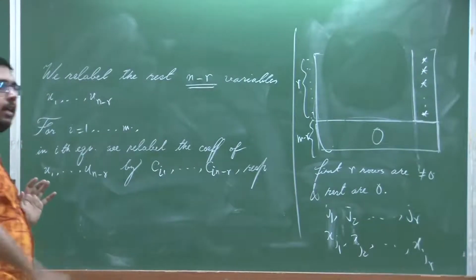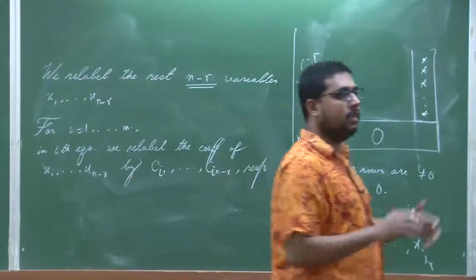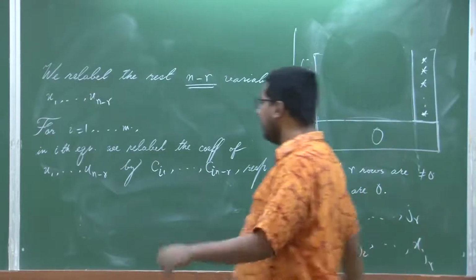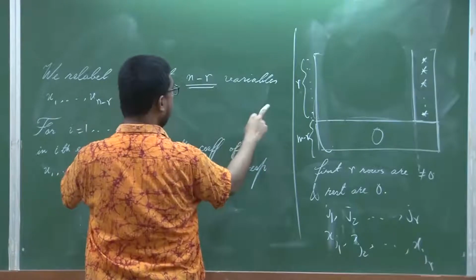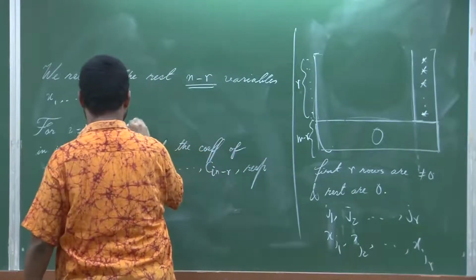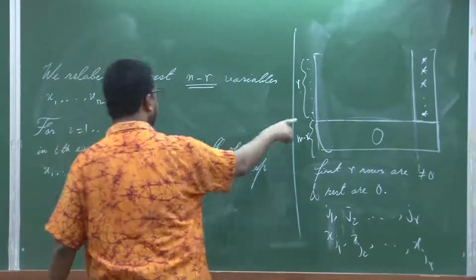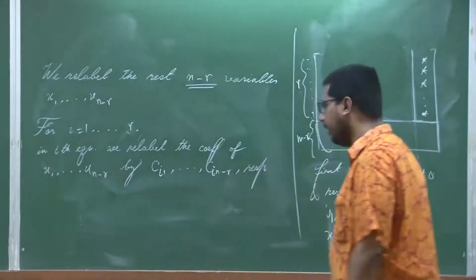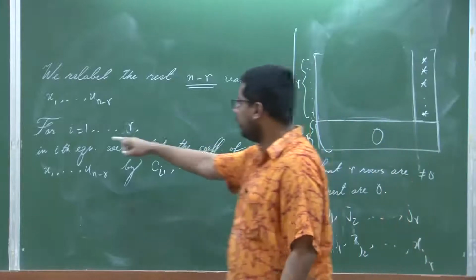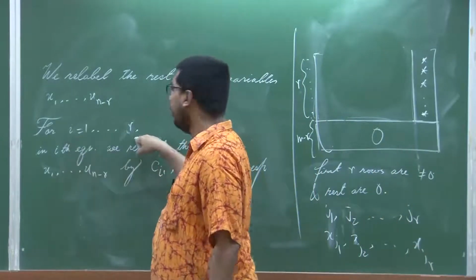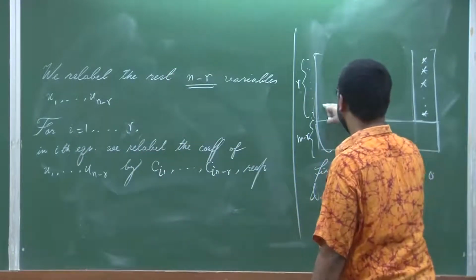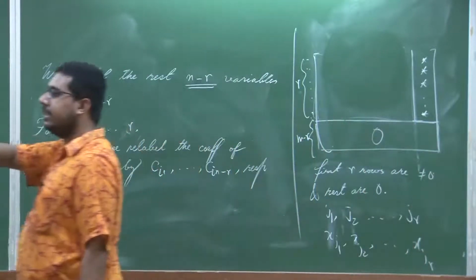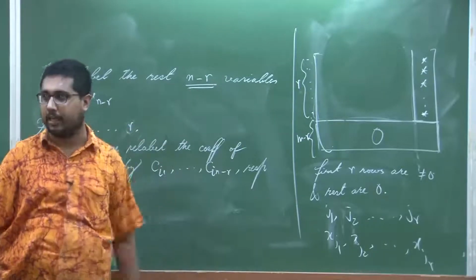After this relabeling, how does the ith equation look? When i is beyond r, everything is 0, so we can ignore those. For any i from 1 up to r, how does the ith equation of this reduced system look?